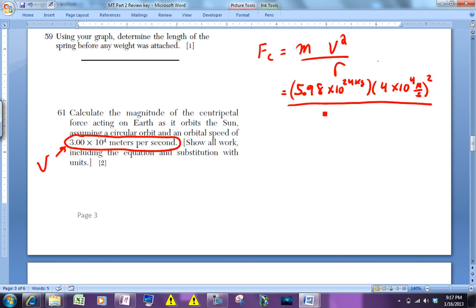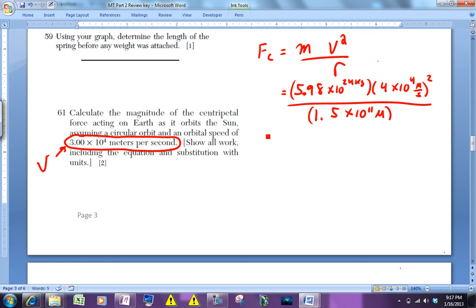And then the distance, the mean Earth-Sun distance from the reference table, is 1.5 times 10 to the 11 meters. Now, you've got to be careful when you plug this in your calculator, especially if you're not using a TI-84, TI-83, or something you're comfortable with plugging in scientific notation. So while you can plug it in that way, let me show you a way that you can do this with even a 4-function calculator if you want.